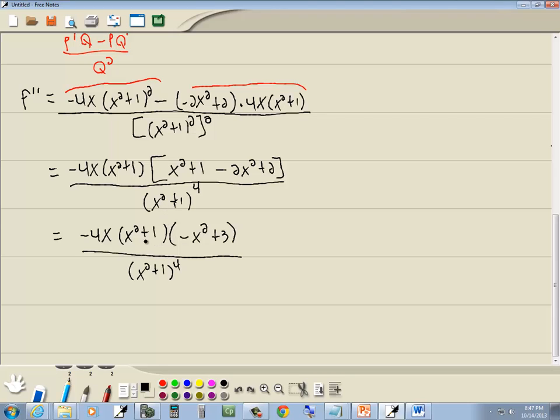Now notice we have an x squared plus 1 here, and we have an x squared plus 1 to the 4th power here, so this one right here is going to cancel with one of these. That's going to leave us negative 4x times negative x squared plus 3 all over x squared plus 1 to the 3rd power. And that's our second derivative.